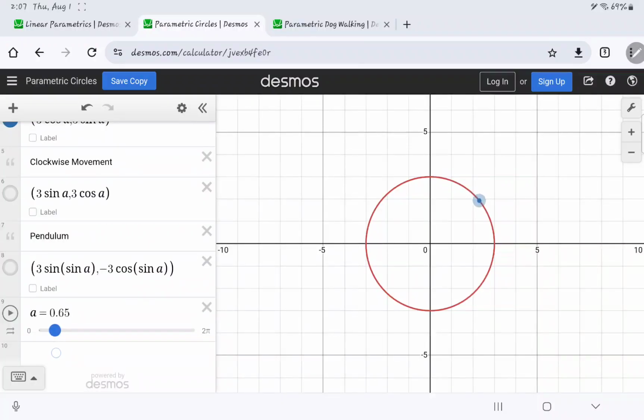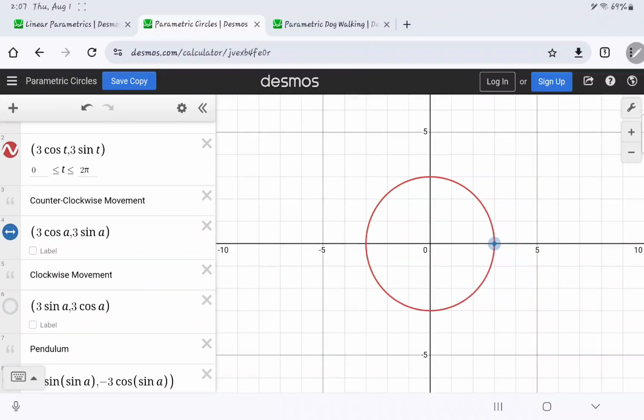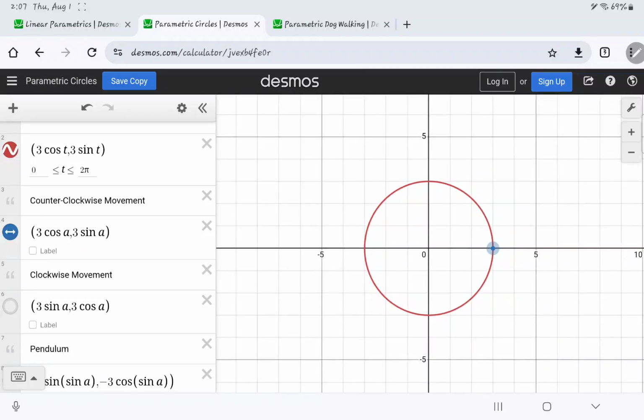And if I pause it, right, you can kind of see at a is 0, this is where I would start when t equals 0, or a is 0. And that's going to be, according to this equation, 3 cosine of 0. Cosine of 0 is 1, and then times the 3 gives us the 3. And then sine of 0 is 0, times the 3 is 0. So we're going to start at this point, which is 3, 0.